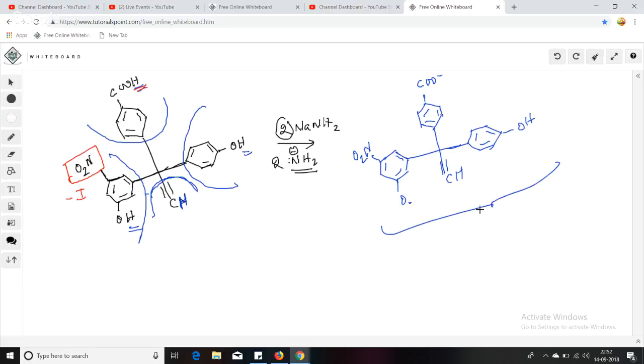This is the product we get. So it looks like a question based on a chemical reaction, but it has nothing to do with the reaction. It is based only on the acidity of these compounds. Carboxylic acid is the most acidic compound we have here, so obviously one H plus comes out from here. Then if you compare these two, because of the minus I nature, this hydrogen is comparatively more acidic than this, so it will come out as H plus and we get the minus charge onto this. So the product will be this, which is given in the option.